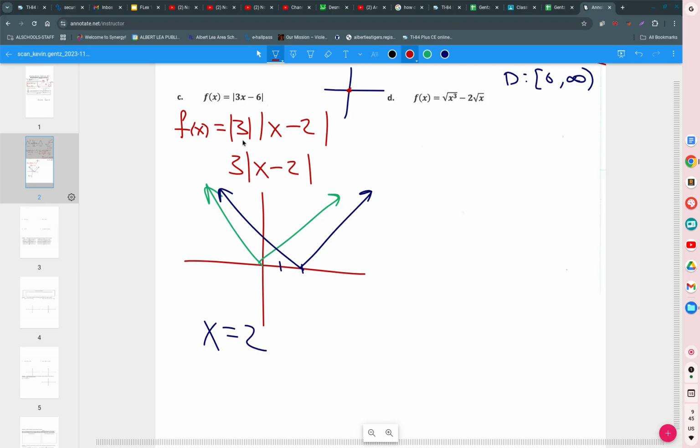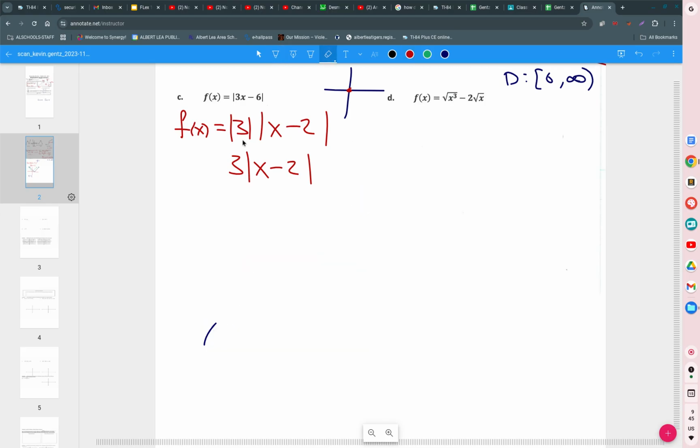So let's go ahead and take the derivative here and see what we come up with. I have f prime of x is equal to, I'm going to rewrite this instead of the root of x cubed, I'm going to raise x to the 3/2 minus 2x to the 1/2. What is the derivative of x to the 3/2? 3/2 x to the 1/2. 3/2 minus 1 is 1/2.